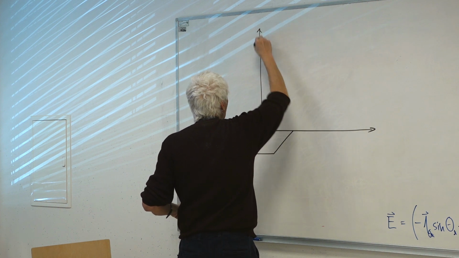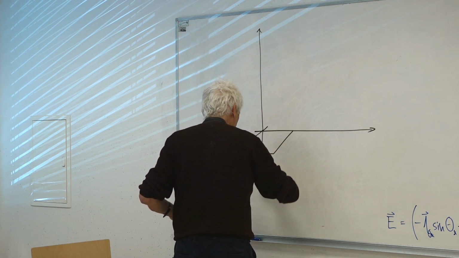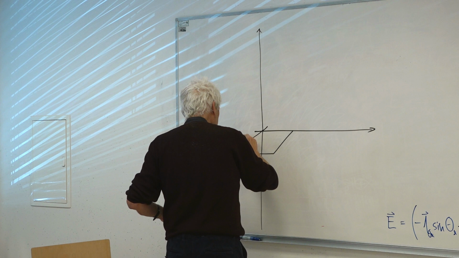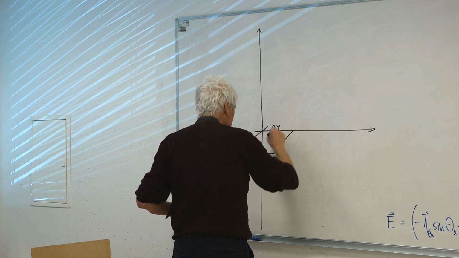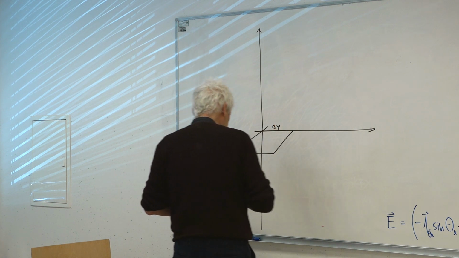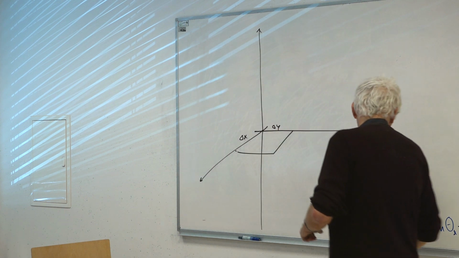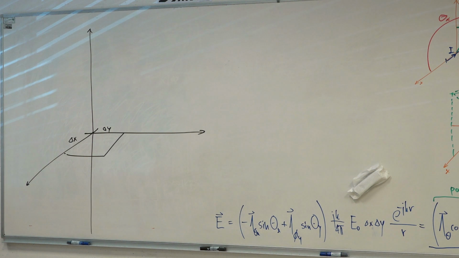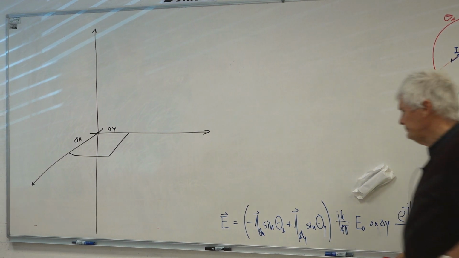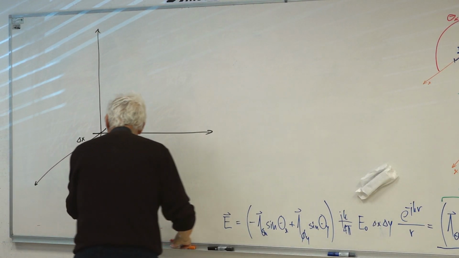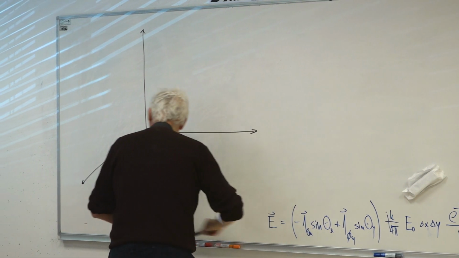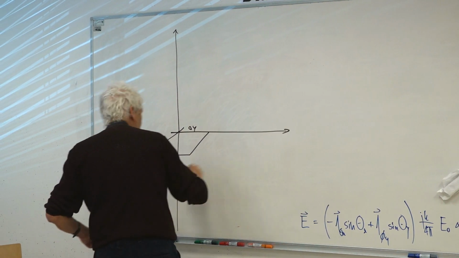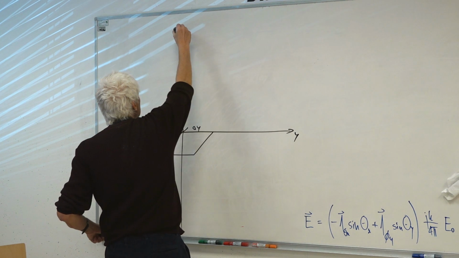So we have here the aperture delta x and delta y. But now we have our plane wave directed in the y-axis. So x, y, and z.